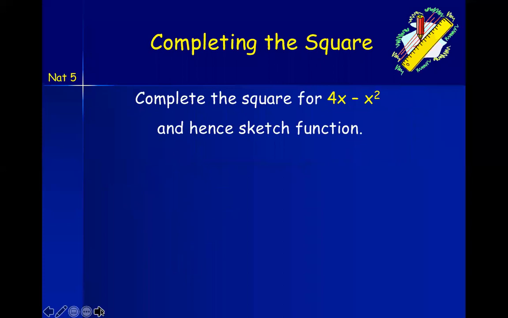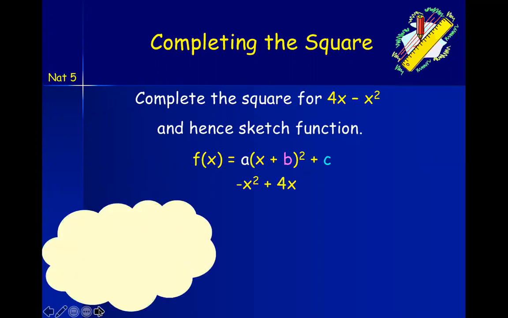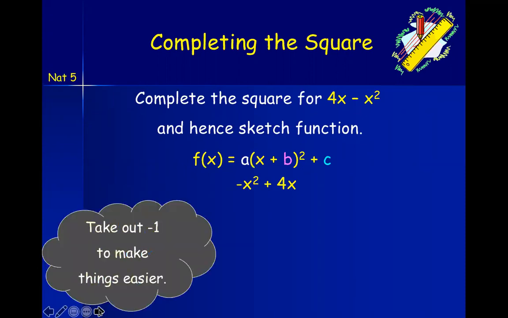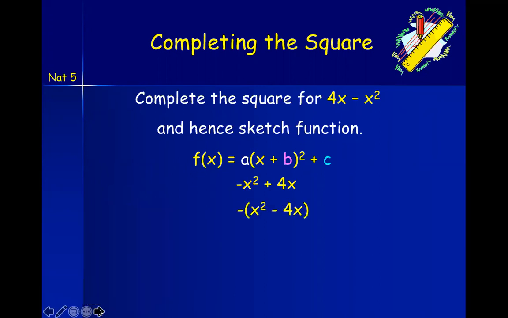So complete the square for 4x minus x squared and then sketch the function. This is the same as minus x squared plus 4x. To make things easier, you can factorize by putting the minus outside.